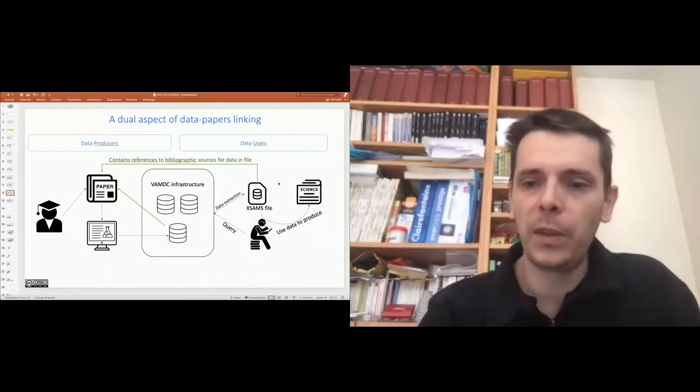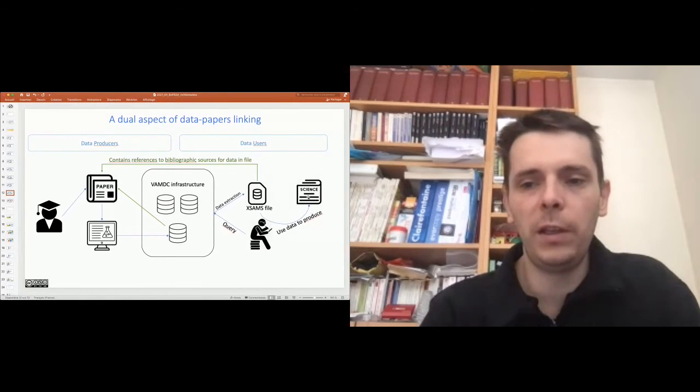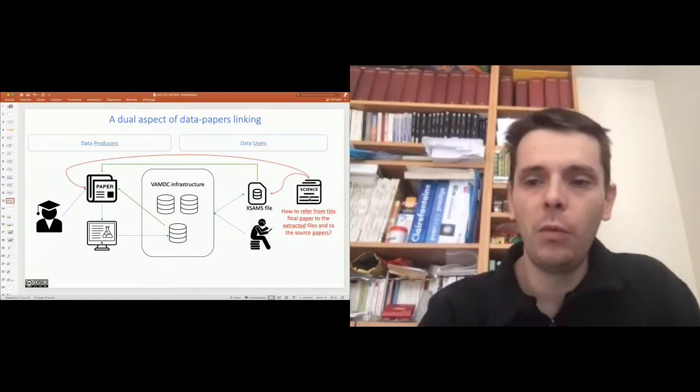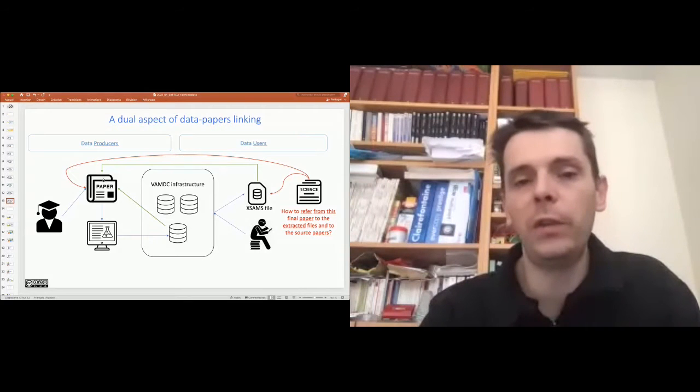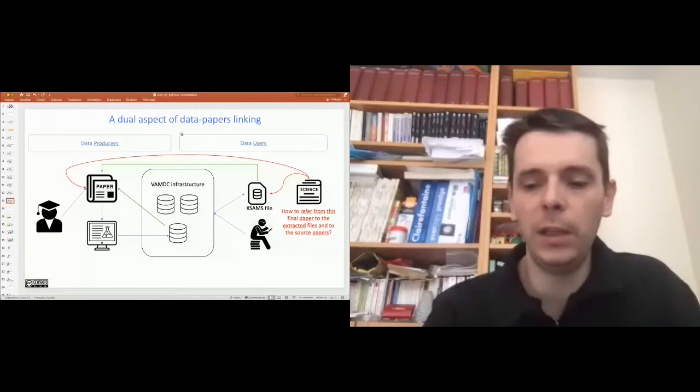And finally, a scientist will use data to produce new work. The question we had to solve in recent years was how to refer from this final paper to the extracted file and to the original paper, which was the origin of the reused data.